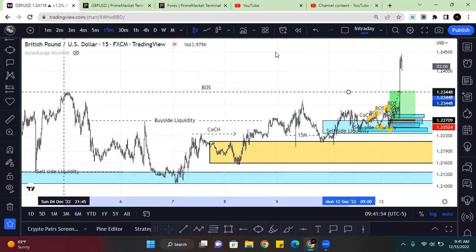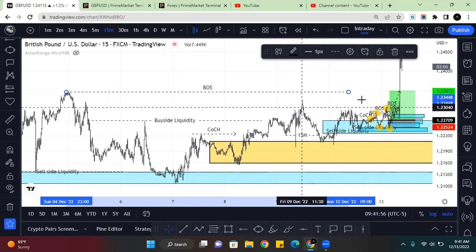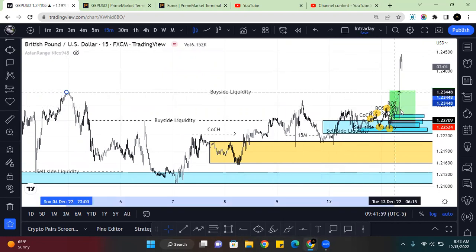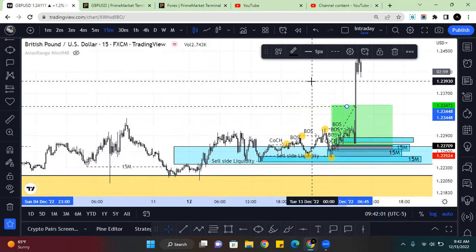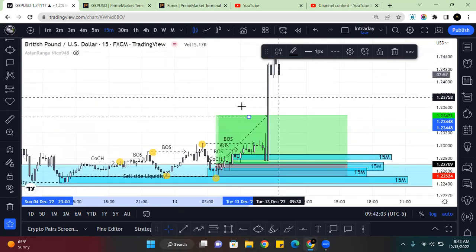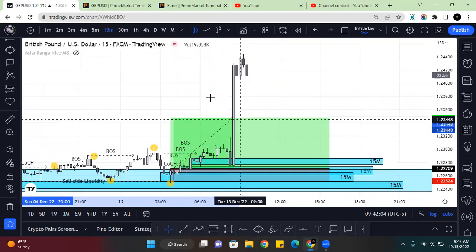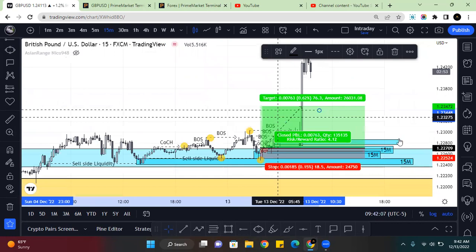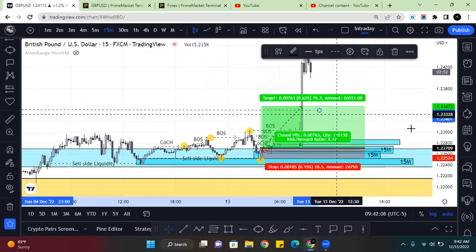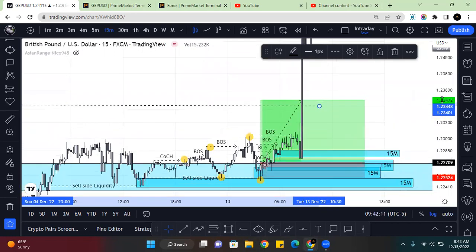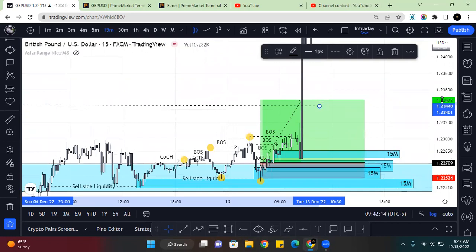You could change this to buy side liquidity or break of structure. I don't know why this keeps changing or not saving buy side liquidity. It did violate that buy side liquidity and take that out and smash my take profit for 76 pips or 4% gain, right? So overall today, we did have 2.6% gain.